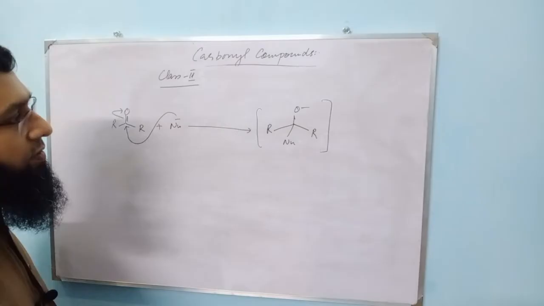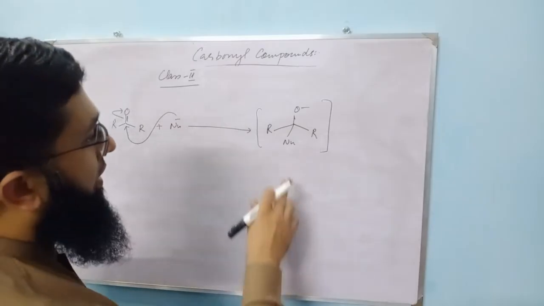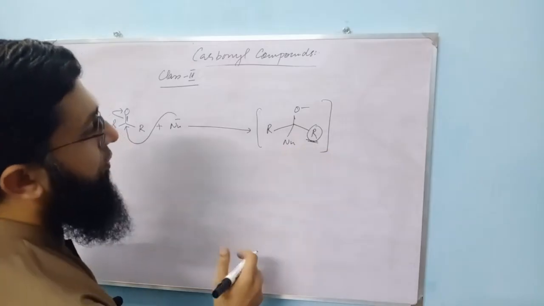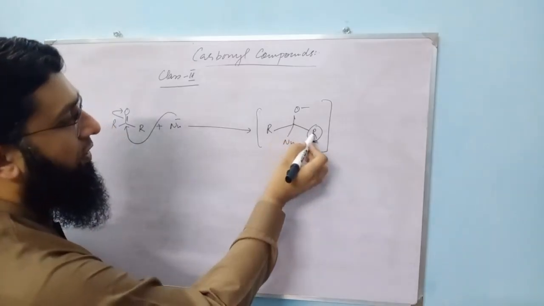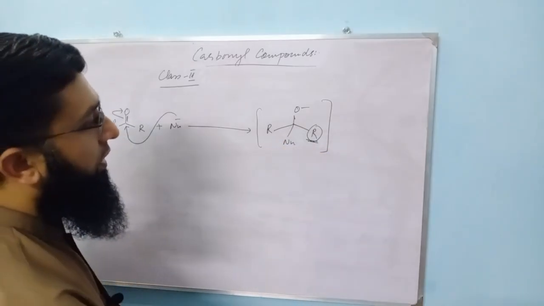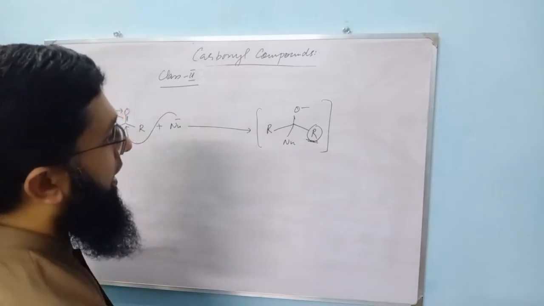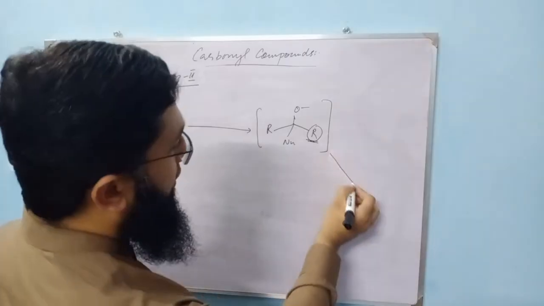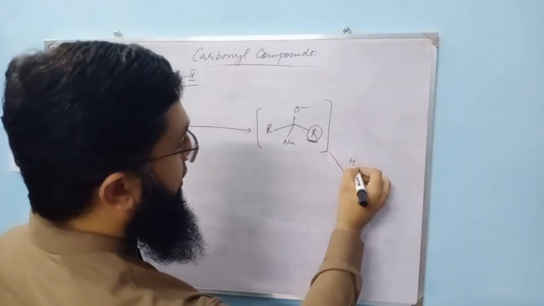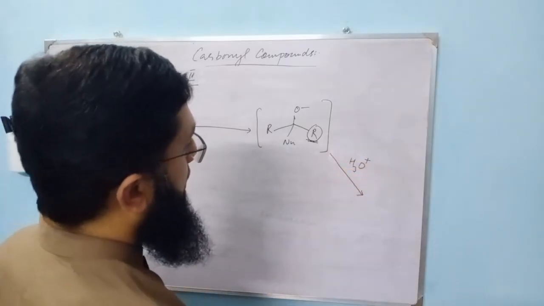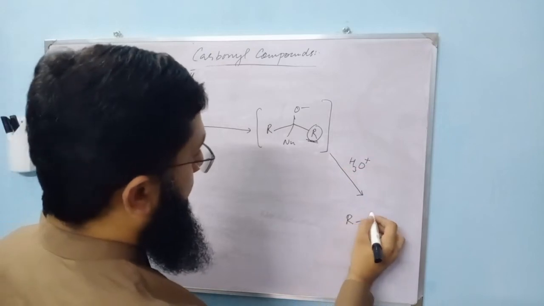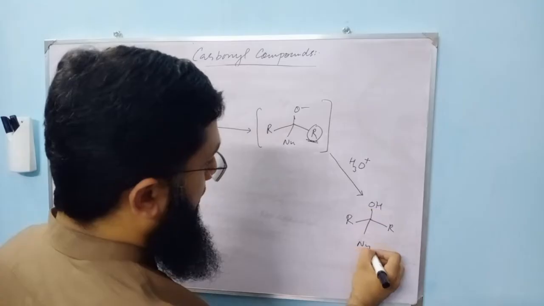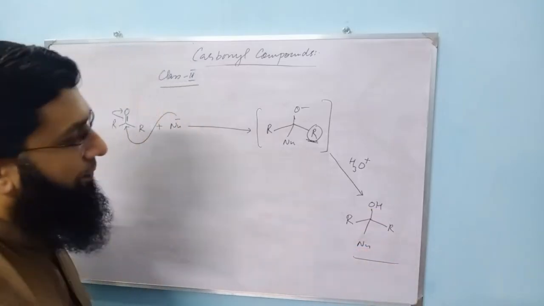Now in this case we have here an R group, and it has the same electronegativity as that of carbon because it is also carbon. Therefore there is no potential leaving group, and as a result this intermediate would stay as such until we quench it with acidic water. So we will get this product.